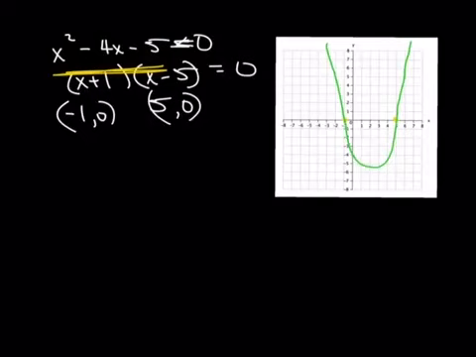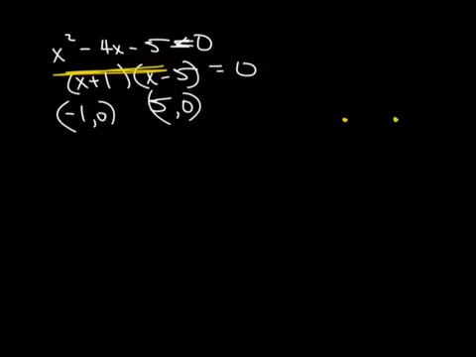So we're going to divide this parabola up into everything to the left of negative 1, between negative 1 and 5, and everything beyond 5. So we've broken it up into 3 intervals here. So let's find out what's going on here. And rather than use this whole graph here, I am going to get rid of the graph, and I'm going to use a number line, because that's really all we need for this, so we have our intervals.